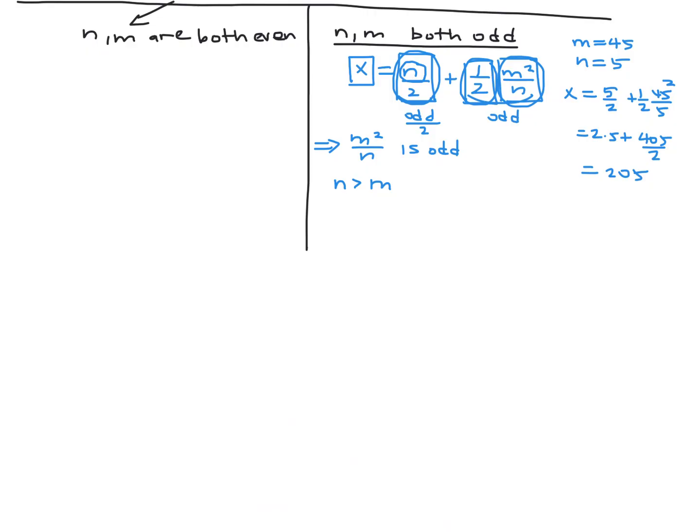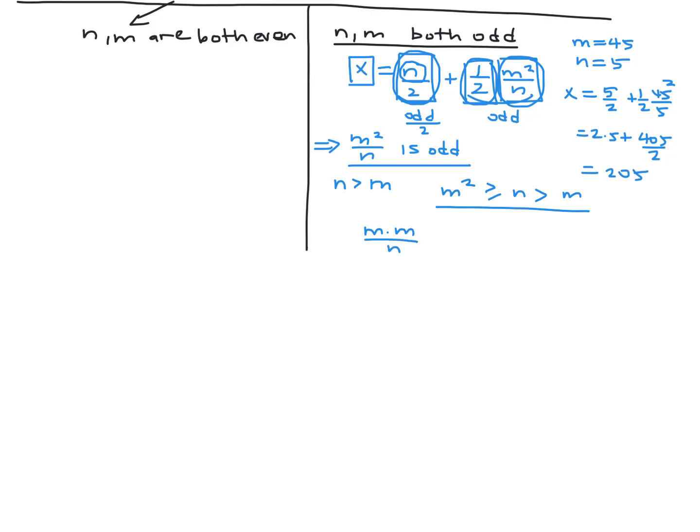Okay, I just got to make sure I make all these parameters correct. n is greater than m, and then therefore m squared would obviously be greater than m just by itself, and then n is most likely in the middle there. So this is the inequality. Okay, got it. So then this thing here is really just m times m divided by n.